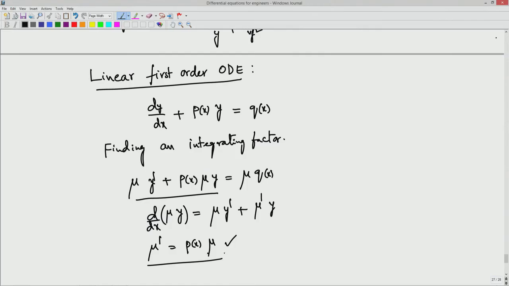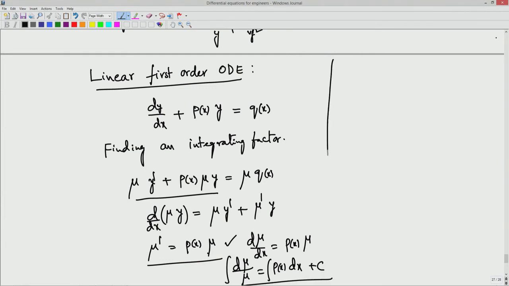So mu should satisfy this ordinary differential equation, which you know how to solve. d mu/dx equals p(x) mu, so d mu/mu equals p(x) dx. I can simply integrate and get the constant. That will determine my mu. So log mu equals the integral of p(x) dx plus c.